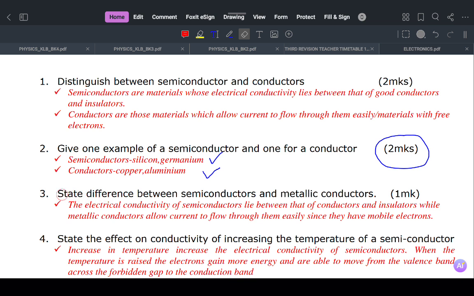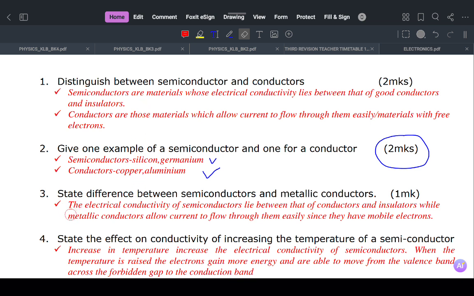Question number 3 is saying, state the difference between semiconductors and metallic conductors. Okay, so in question number 1, we were looking at semiconductors and conductors. But question number 3 is asking for semiconductors and metallic conductors. All right, so question number 1 and 3 are basically the same, so we'll not waste time trying to answer this, because it's basically asking for the same thing as number 1.